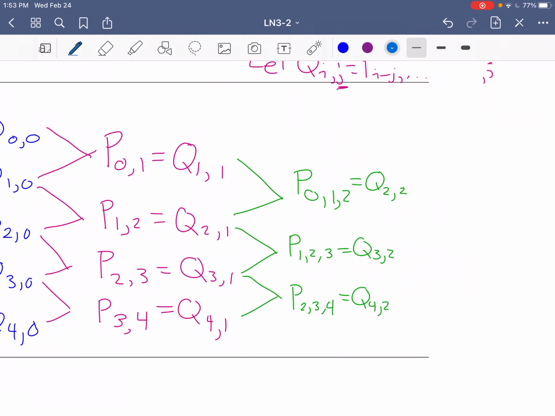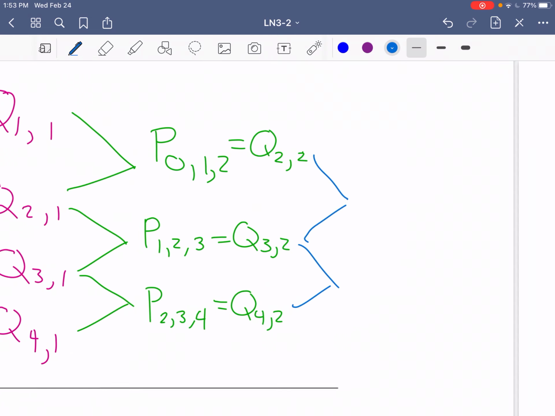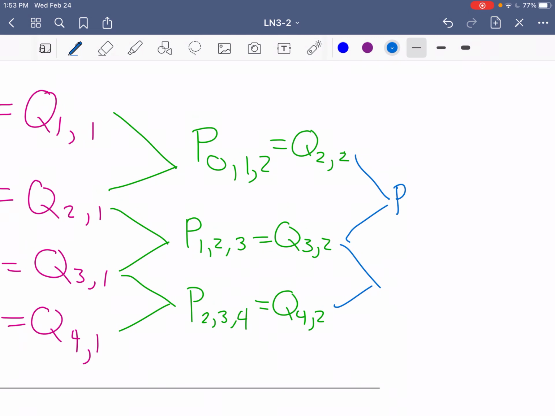But wait, there's more. This is the Lagrange polynomial using nodes 0, 1, 2, and 3, which is Q. It's ending at 3, and it's starting 3 ahead of it. This one ends at 4 and starts also 3 ahead of it, starting at 1.